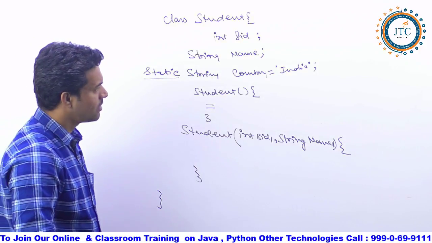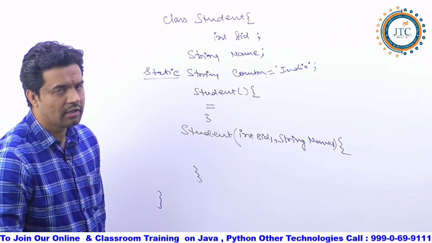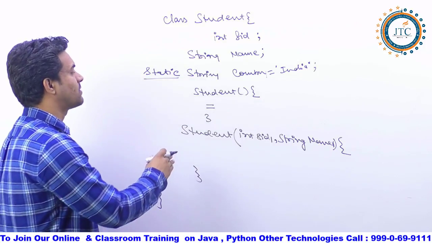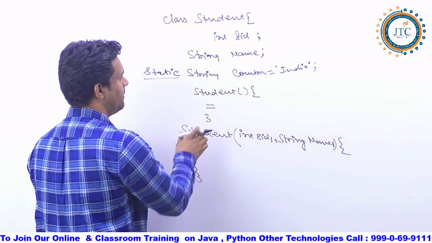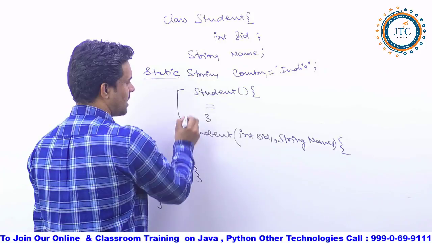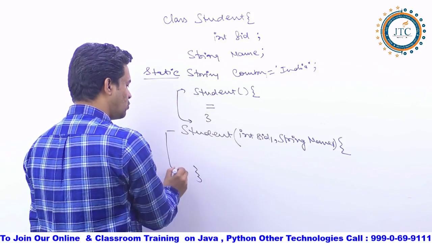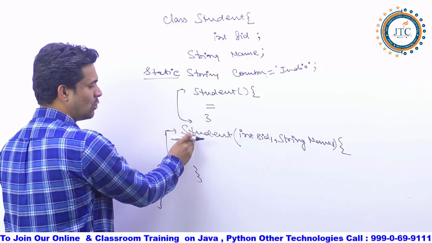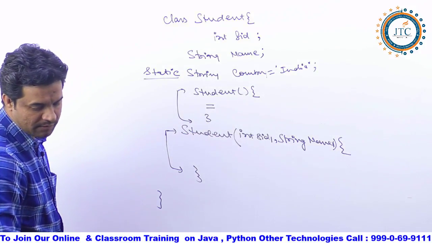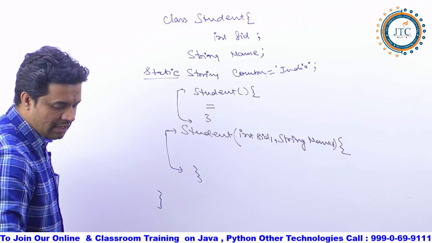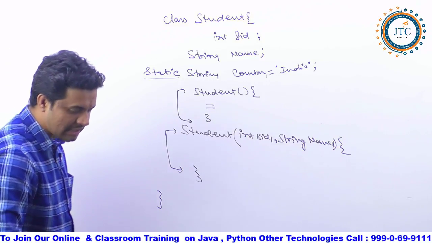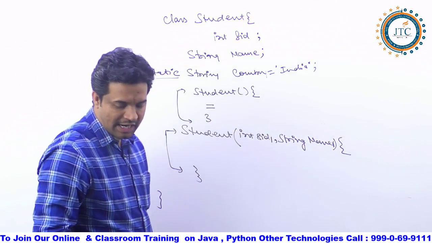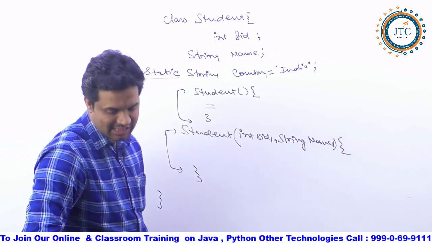These are the different types of constructors which we have written here. One is a default constructor, and the other is a two-parameterized constructor. In the next cases, we will implement something else also.